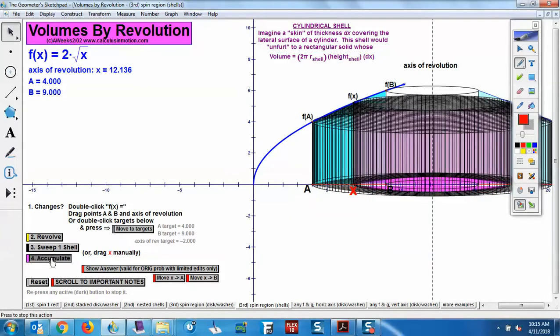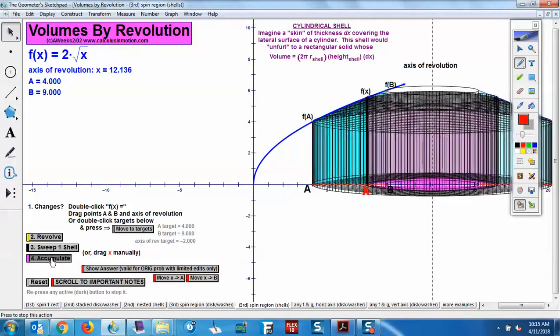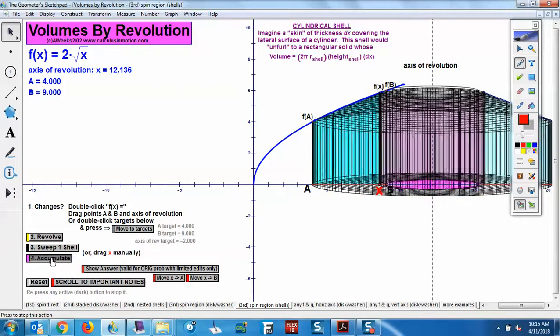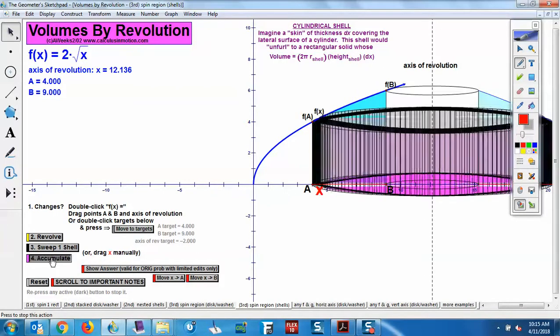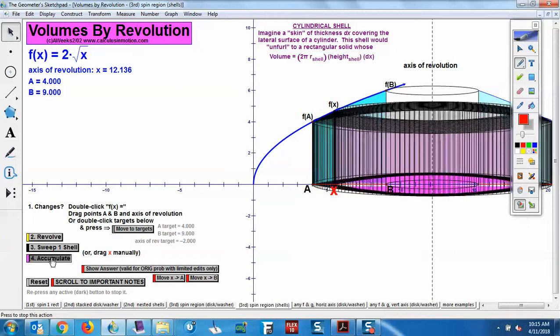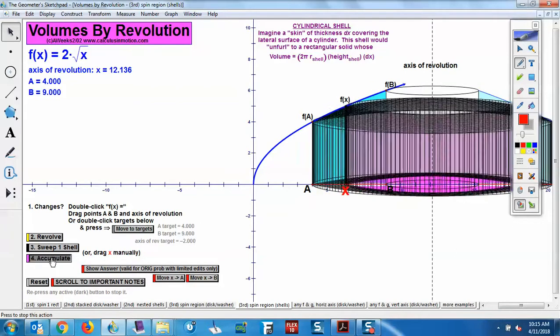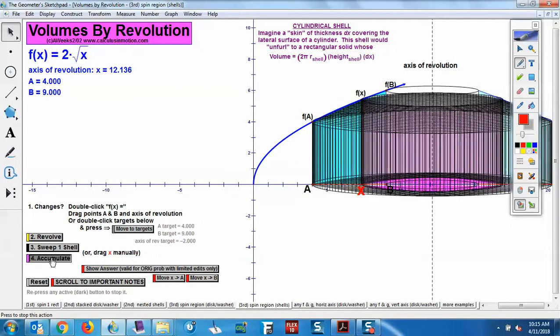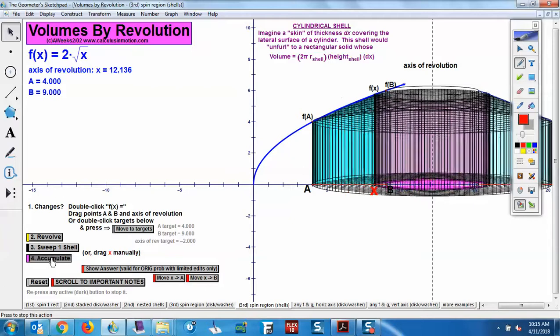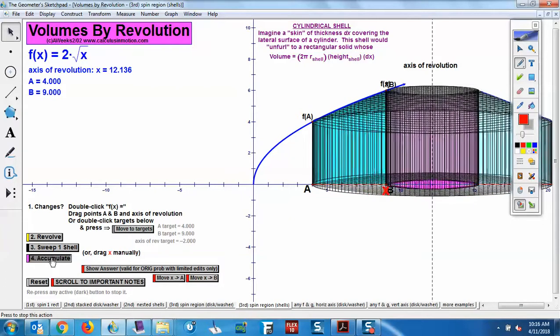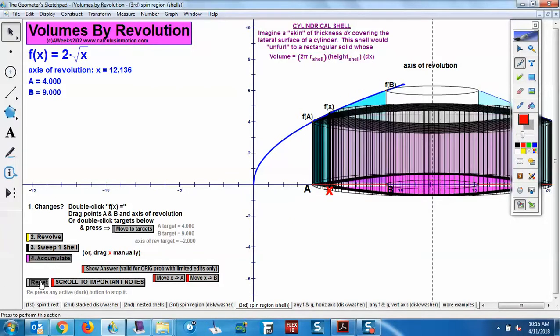Or think of it like this, adding up those layers. Now, another nice thing about the shell method is the empty space doesn't matter. The empty space is going to get taken care of when we set up the problem. So we don't have to do one thing for empty space and one thing when there's not empty space. It's not going to be an issue.